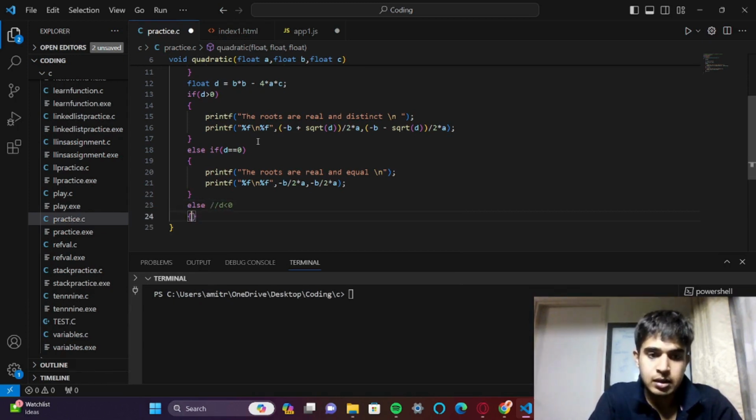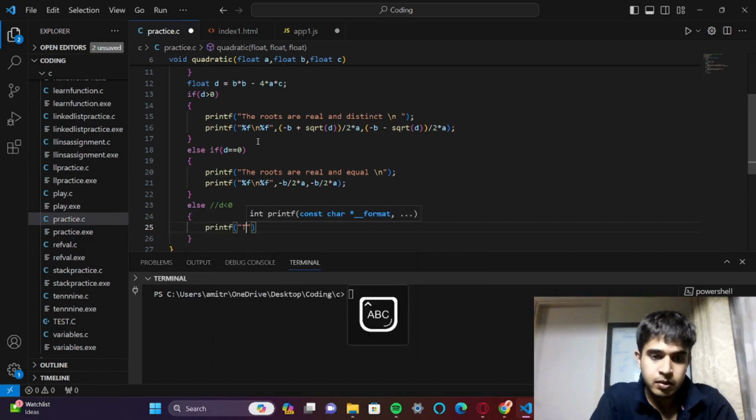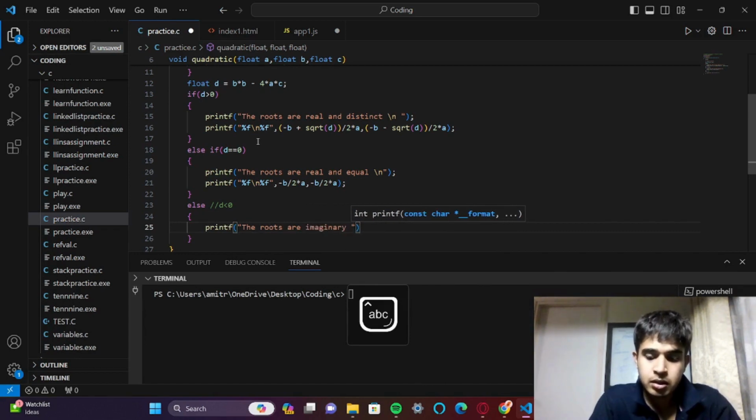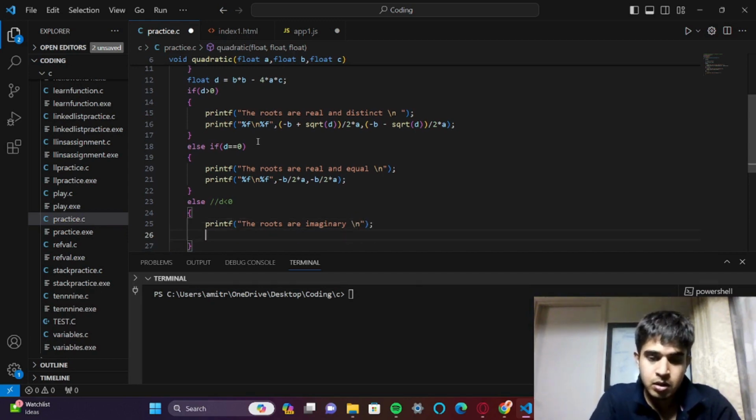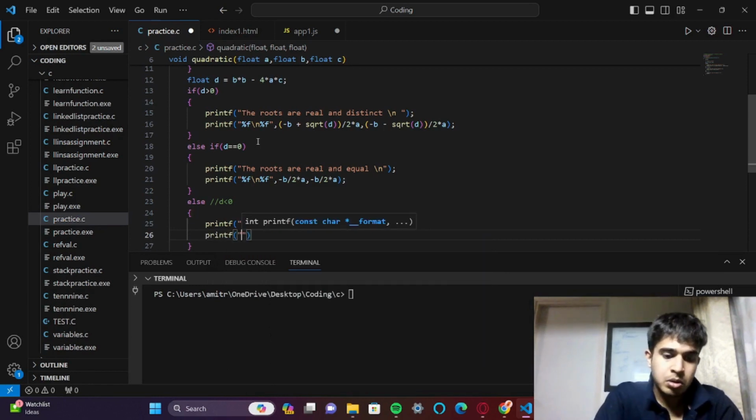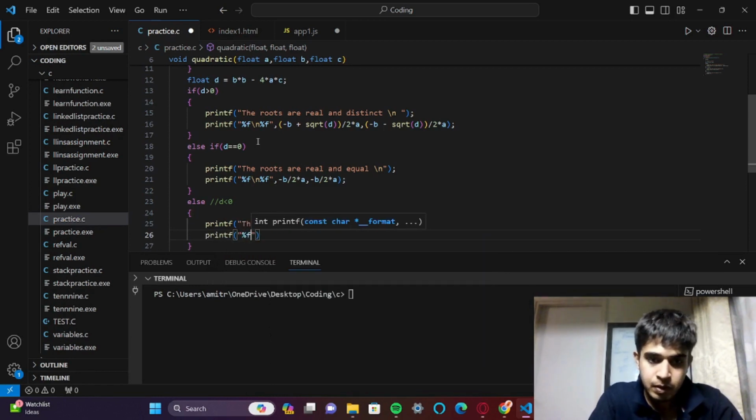Else printf the roots are imaginary \n, then printf %f plus i times %f \n %f minus i %f. Okay, so this is the format to write a complex number.